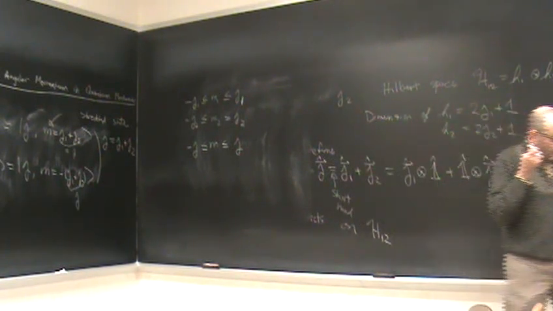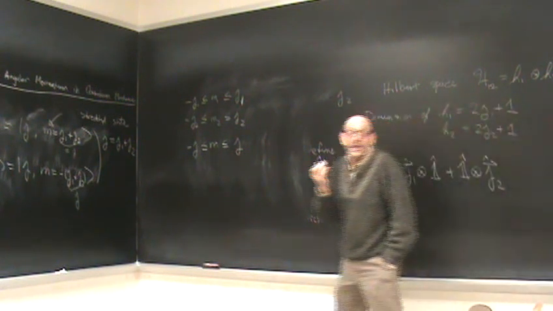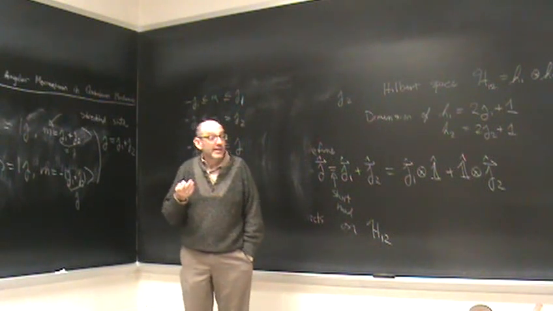Remember, J itself, sorry, is minus a positive number, right? It has to be the absolute value, right?